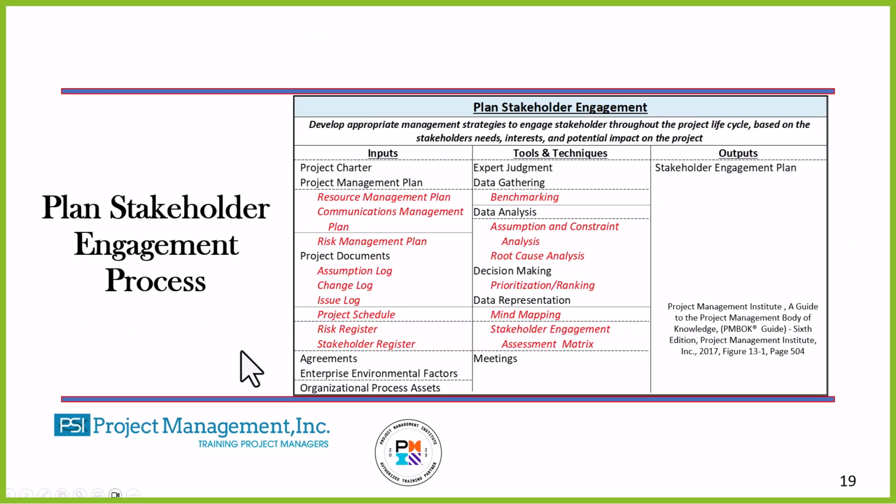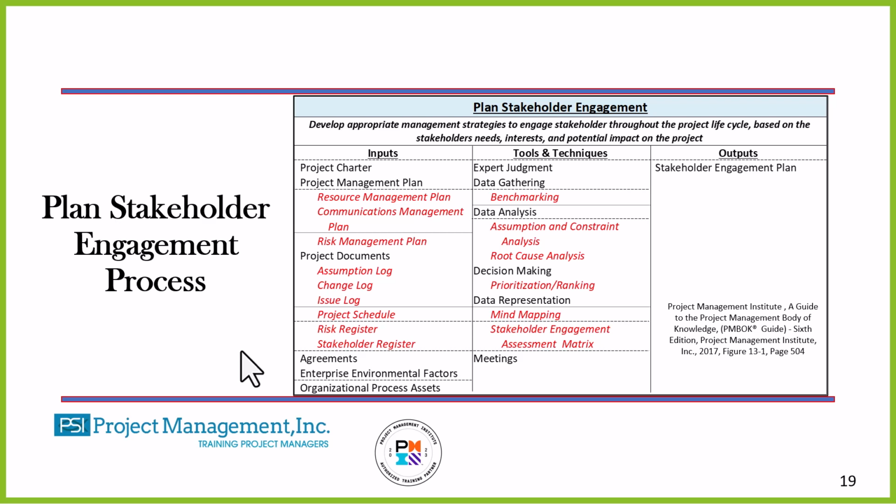So here is the planned stakeholder engagement process, the framework. Once again, at this point, I may not have enough information to do this completely. But remember progressive elaboration: as I'm going through this, for example, I may identify some new stakeholders.